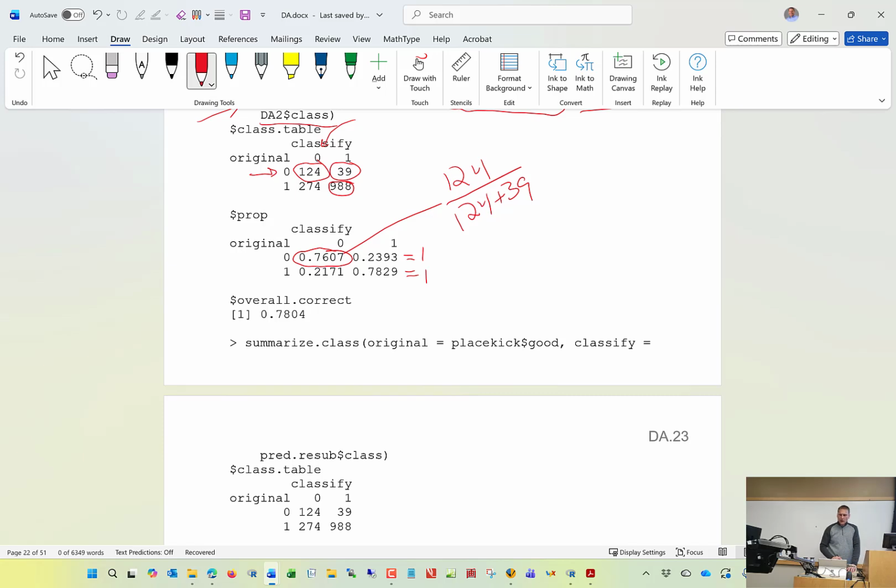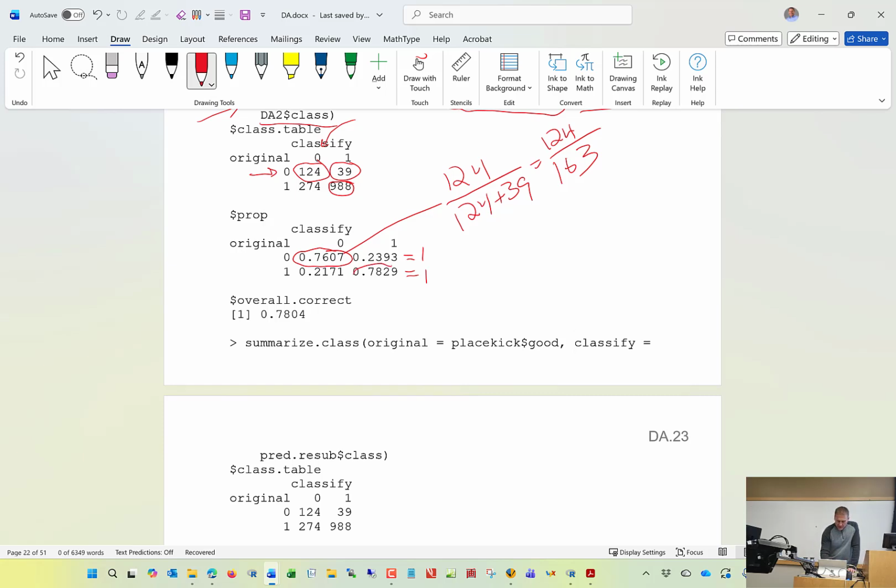So we had a total of 163 failures in the data set. 124 times we predicted it correct. So our accuracy for the failures is 76%.